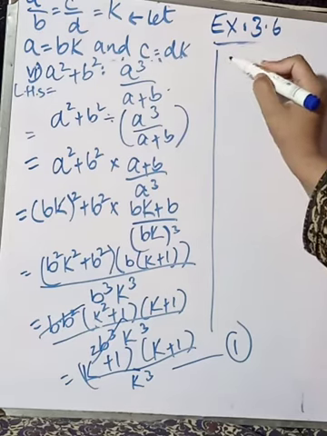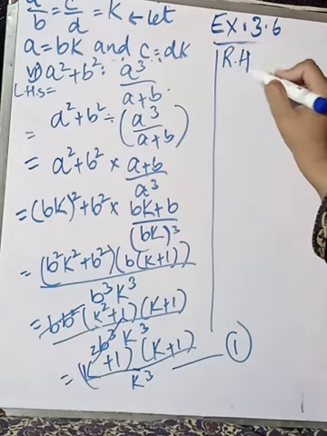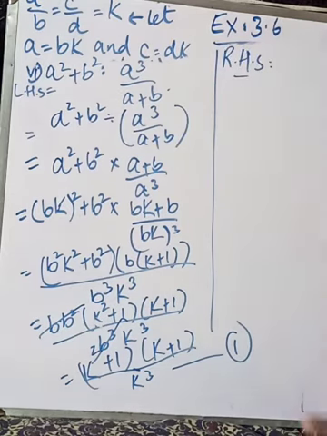Okay, now coming towards the right hand side. In the right hand side we have c square plus d square ratio c cube divided by c plus d.